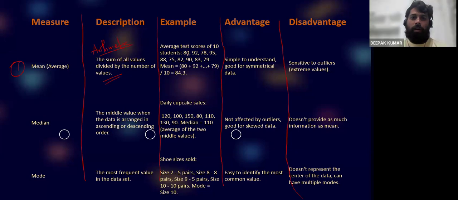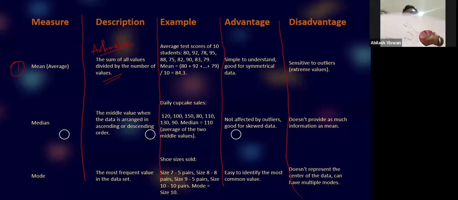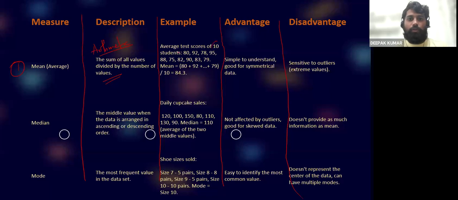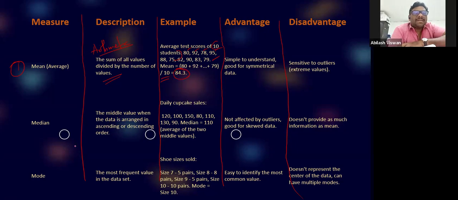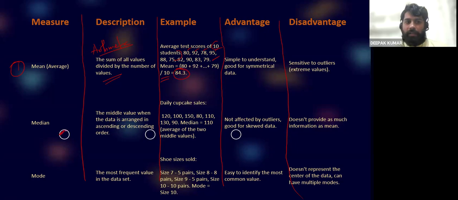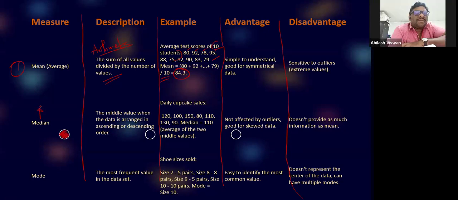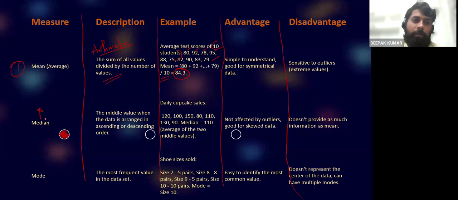Usually the arithmetic mean comes into the picture whether you are a working professional or a student in a class. For example, the average test score of 10 students, with values 80, 92, 78, 95 and so on, you simply add them up and divide by 10. As simple as this. But if you're taking the median, my dear, the median says your data set should be sorted.